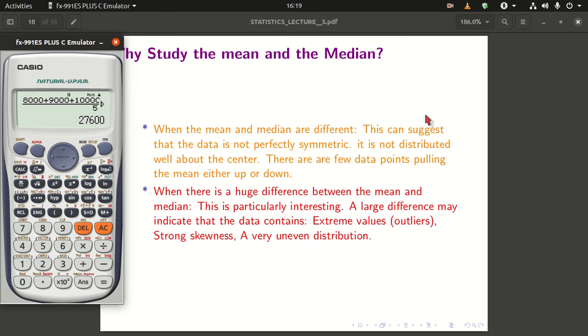Then when we get to the variance and the standard deviation, we'll explain more why this is useful, because these two tell you about the center of the data. When you look at the median and the quartiles, they play a very similar role, so I'm not going to get into explaining those things.